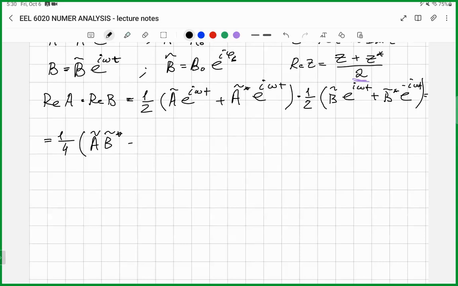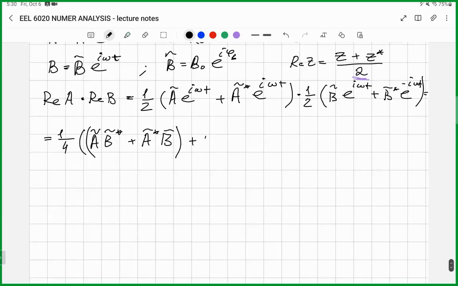And I have another one like this, but complex conjugated, so it's A tilde conjugated B tilde. This is the first part, which is fully real. And then the second one, A tilde B tilde e to the power of 2 i omega t plus A tilde conjugated B tilde conjugated e to the power of minus 2 i omega t.